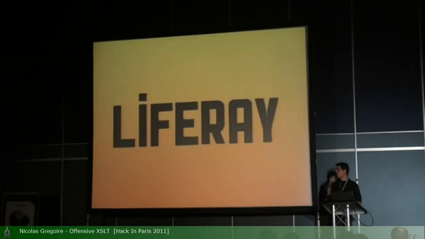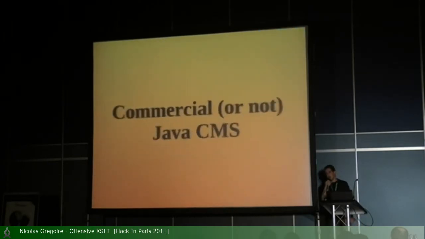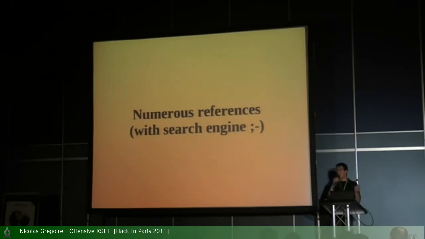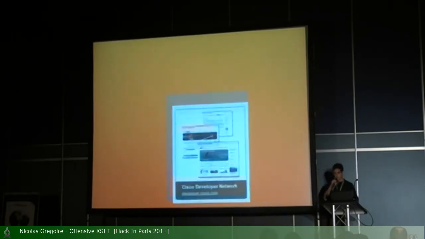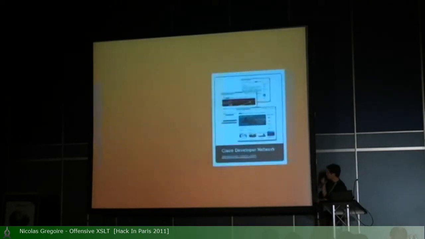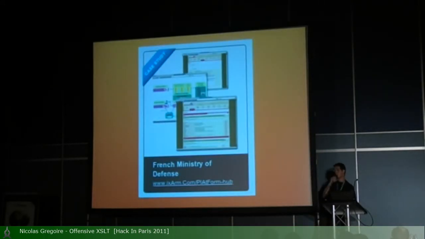So Liferay is a CMS in Java. It's commercial or not, but mainly used as a commercial CMS. It's very expensive. And on their website, you have a list of customers with a search engine. So it's really cool. I know there is a Cisco developer network running on Liferay. There is the French Ministry of Defense running on Liferay.